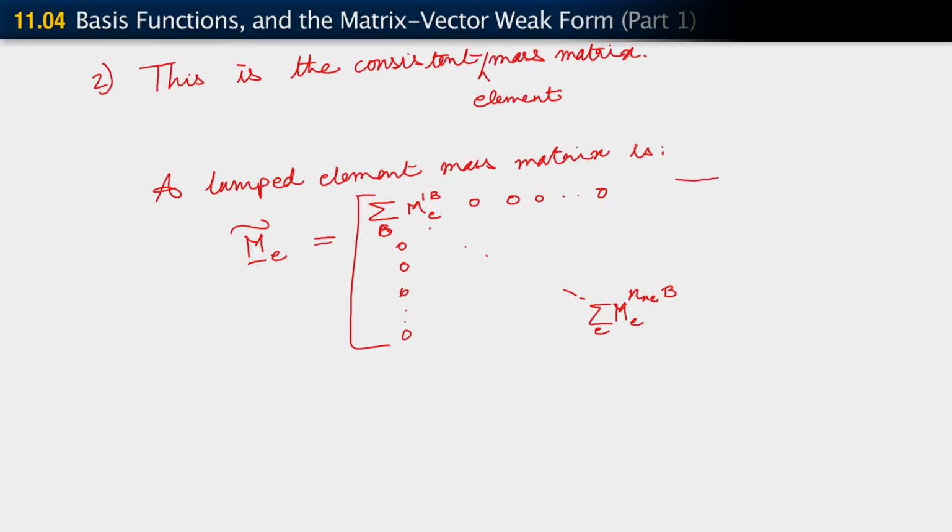Which basically is telling you that the AB component of the M tilde matrix is simply the sum over B of M_AB^E, if A equals B. Sorry, I need to make a correction here.